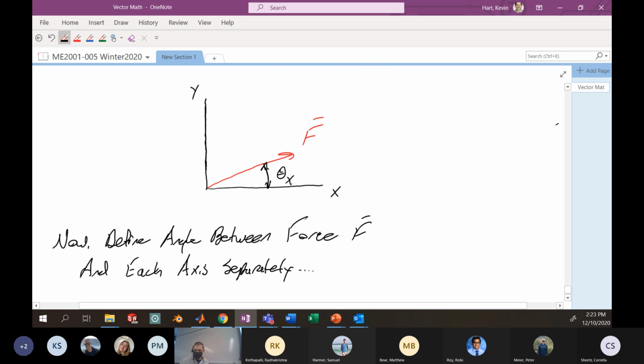It is the angle between this force and the x-axis. Similarly, I could define the angle between this force F and the y-axis. That is here, and we'll call this theta y. It's pretty obvious that theta y is just 90 degrees minus theta x, but just roll with me for now, all right?